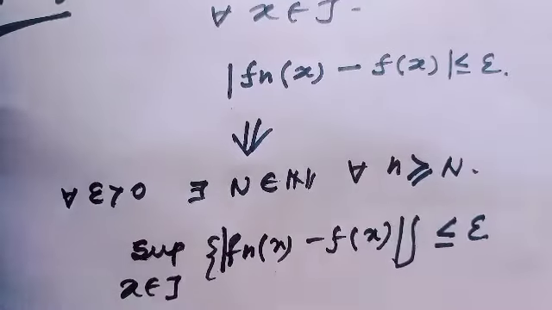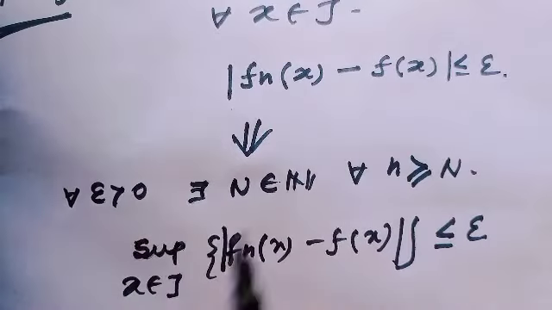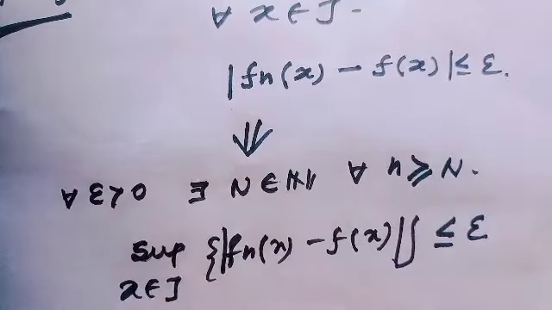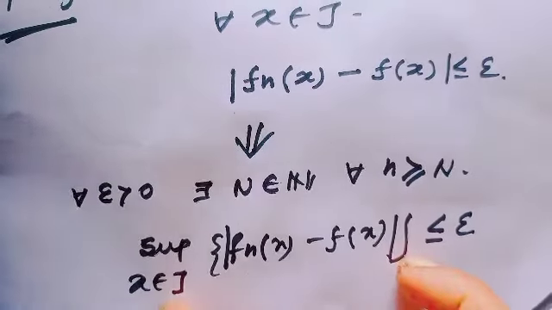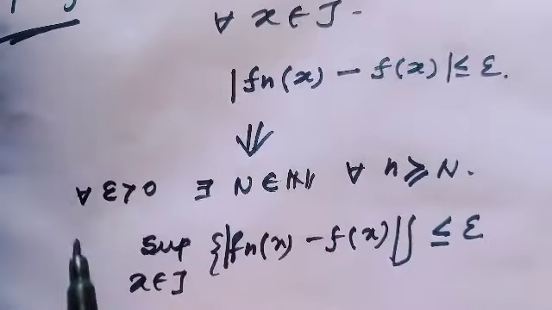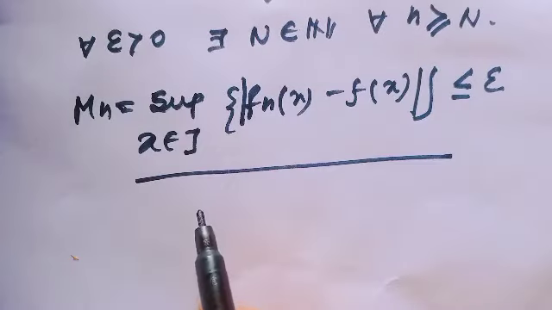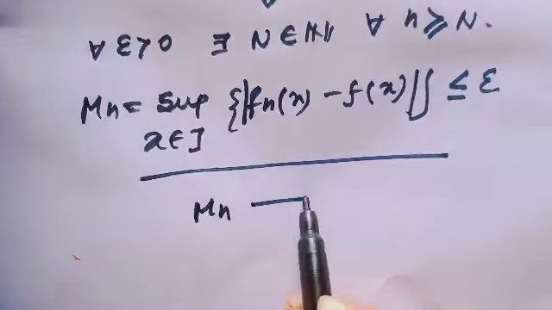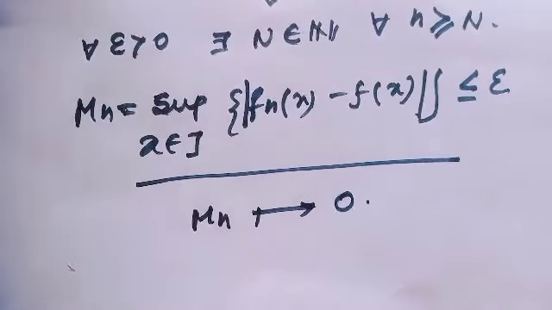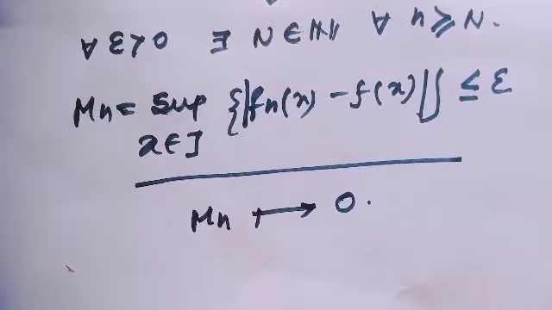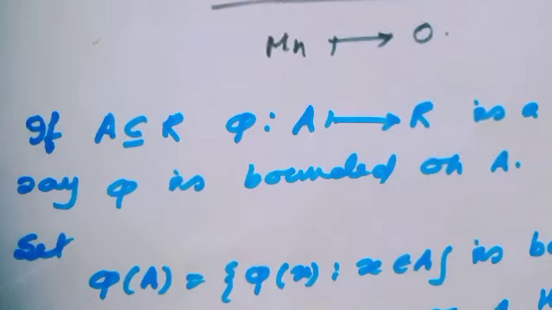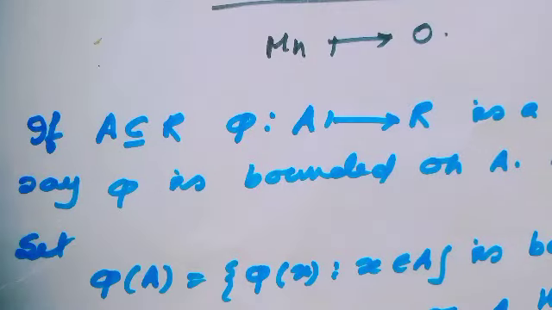This is actually a trivial condition. That means from this line, if we consider this supremum as Mn, obviously Mn tends to 0. Are you getting it?